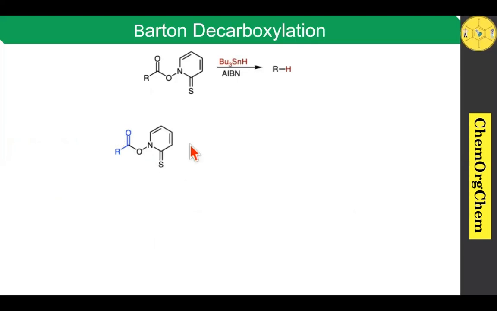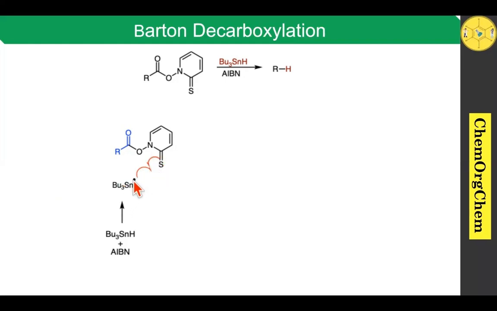Initially, this thiocarbonyl derivative reacts just like in the Barton-McCombie reaction. When you use tributyltin hydride and AIBN, it readily produces the tributyltin radical. Here also, the formation of the tin-sulfur bond is the main driving force for this reaction. This radical attacks here, followed by one of the pi electrons attacking here.